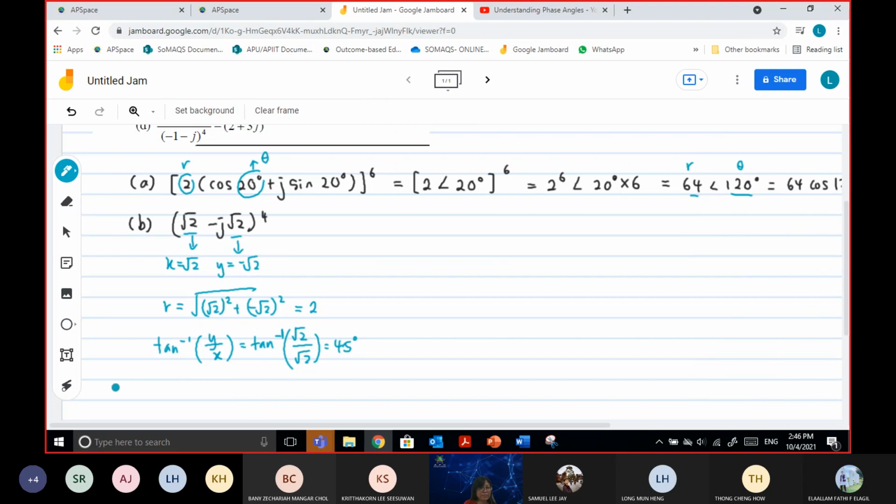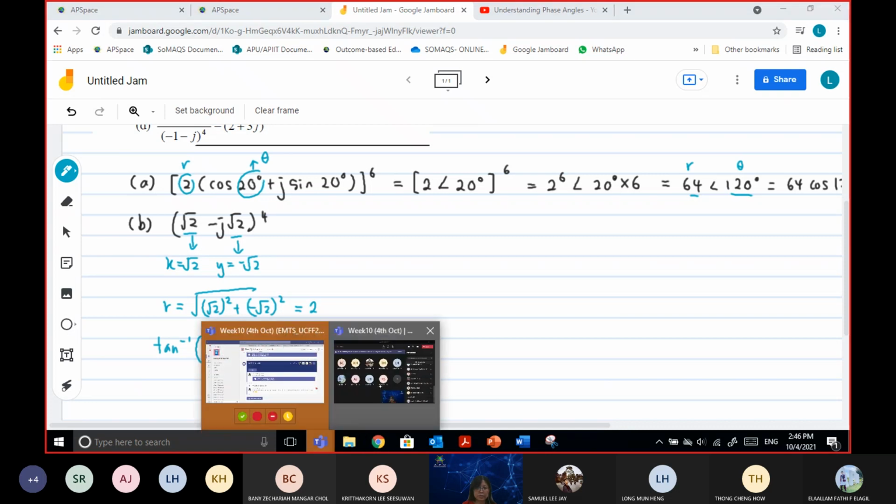Which quadrant do we have? Kaifeng, you are here, right? No response.